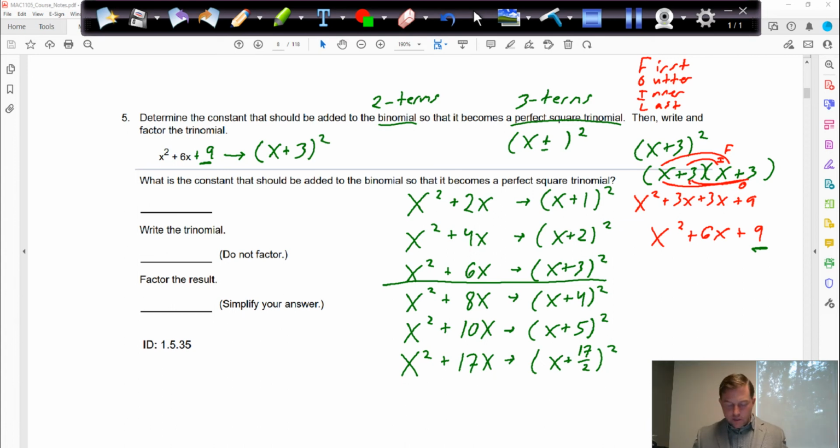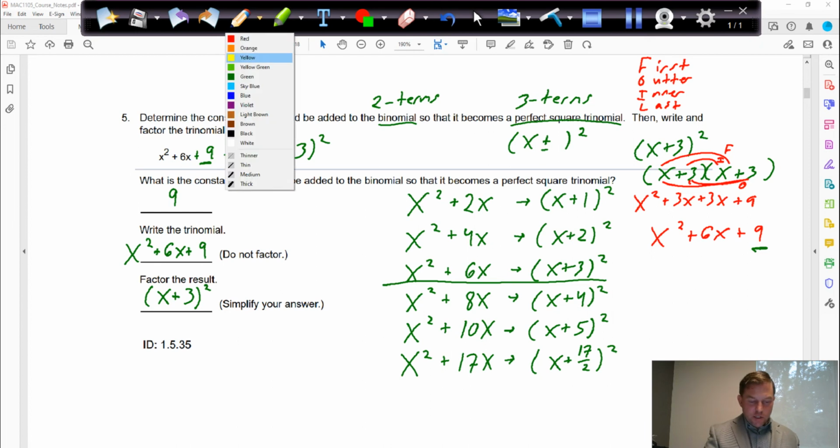So to solve this problem, it's going to say, okay, what number do you add? We add a 9. What does the trinomial become? It becomes x squared plus 6x plus 9. How does that factor? That factors into x plus 3 in parentheses squared. And we can prove that if I FOIL this out, I will get back to this trinomial.